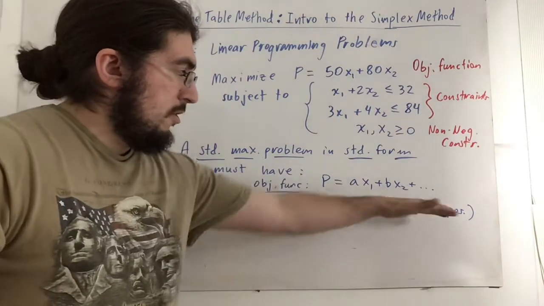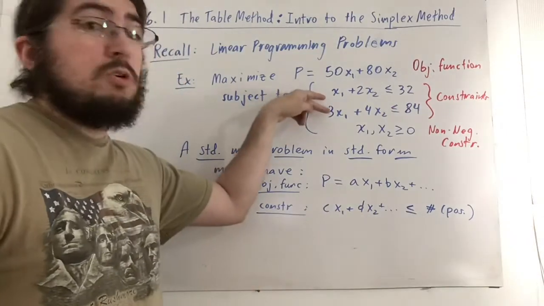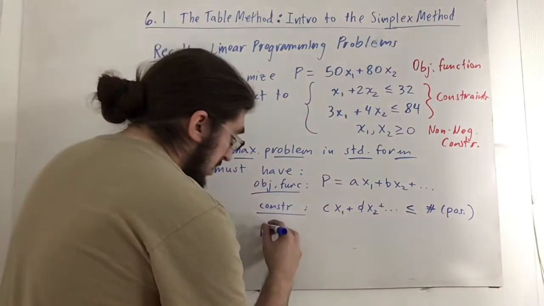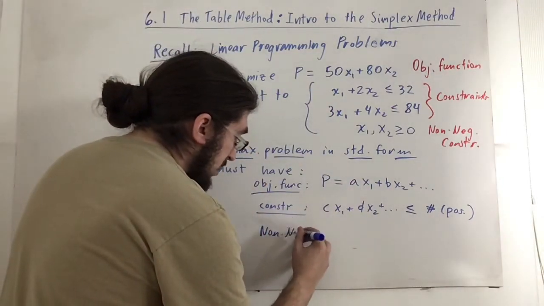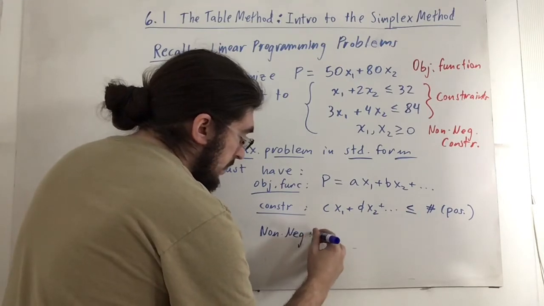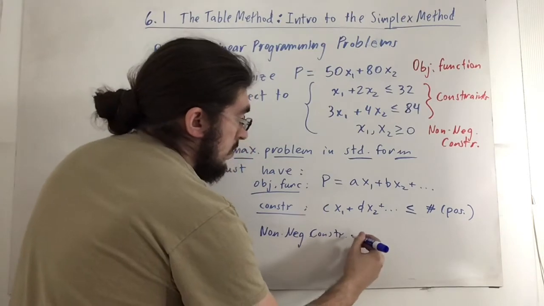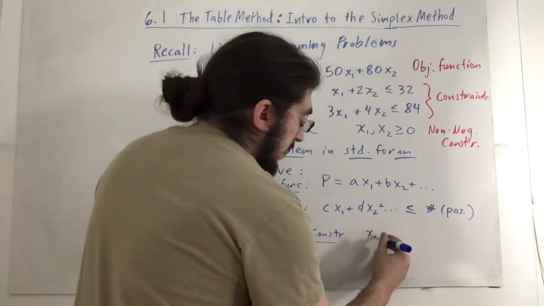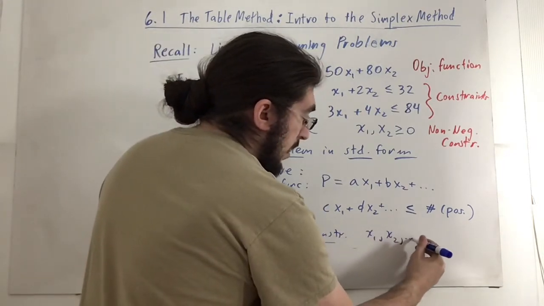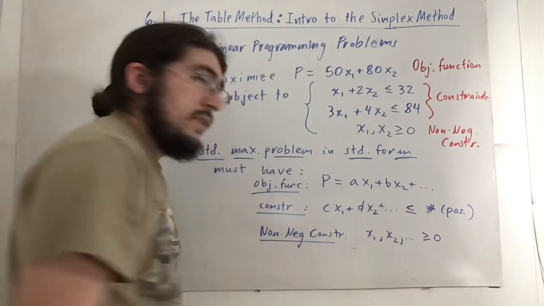And there could be more than one constraint, so like here there are two constraints. And then in addition to that we have to have our non-negative constraints as well. All of our variables x1, x2 and so on are each bigger than 0.